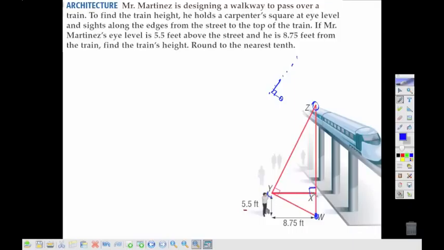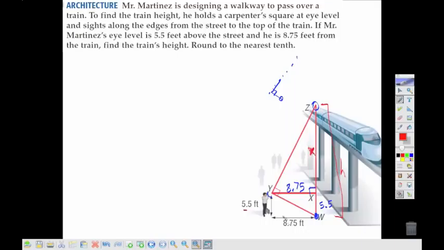So the distance from his eyes to where we're drawing this height of the train would also be 8.75. We can also bring over his height from his feet to his eyes, and that would go right here, 5.5. Now we are looking for the height of the train here, h. But if we notice the triangles that we're doing, notice we have the altitude here, which means the theorem I need to use is the one connecting the parts of the hypotenuse.